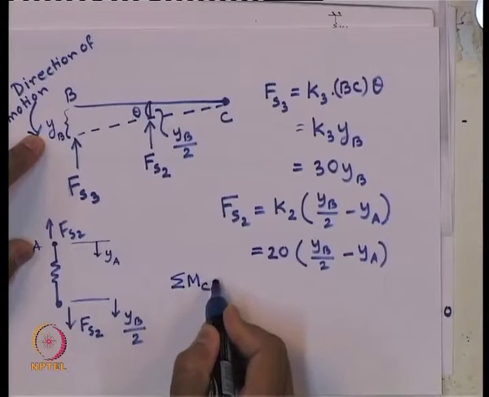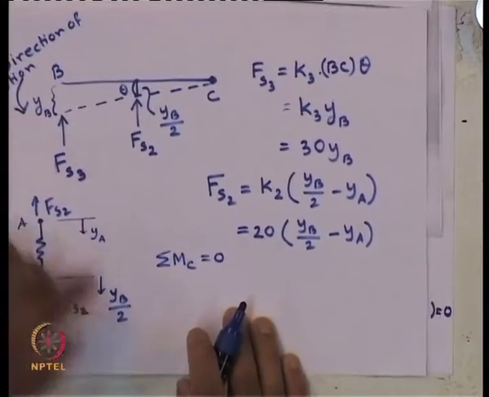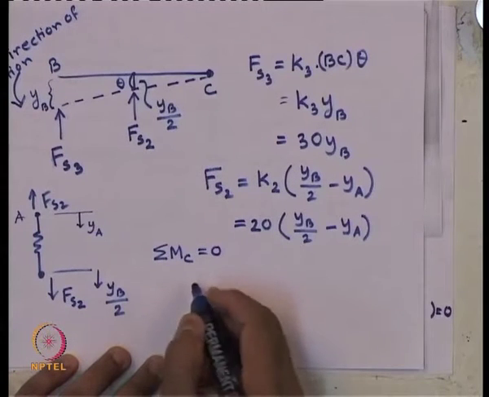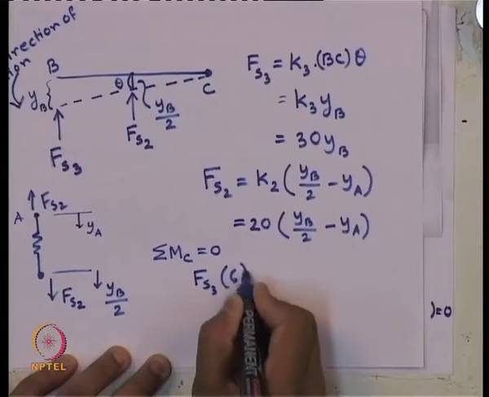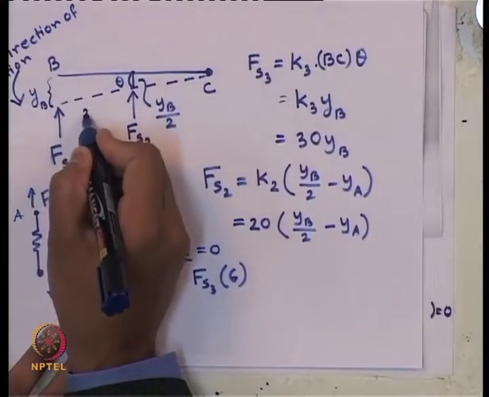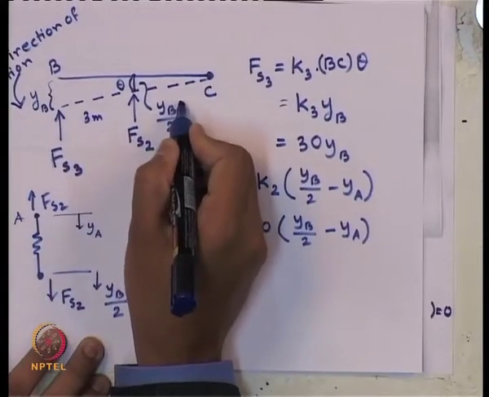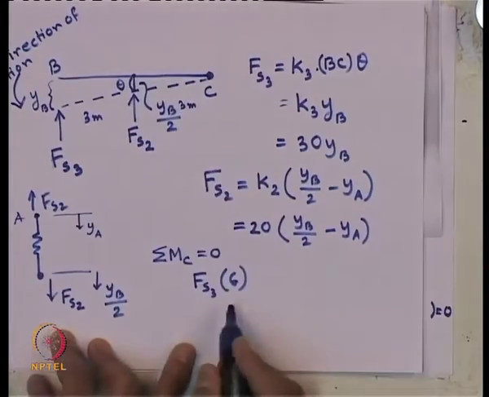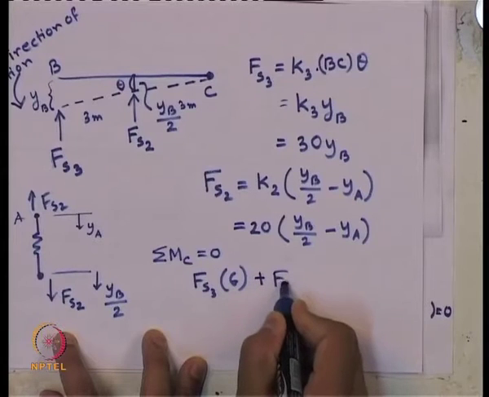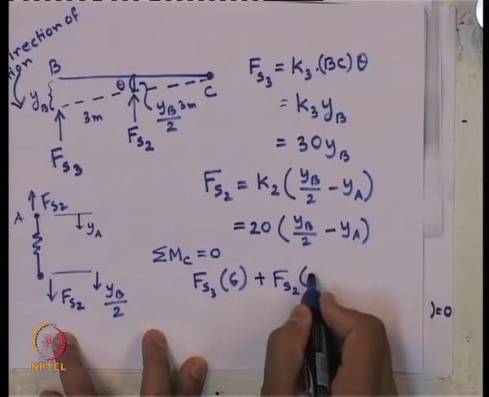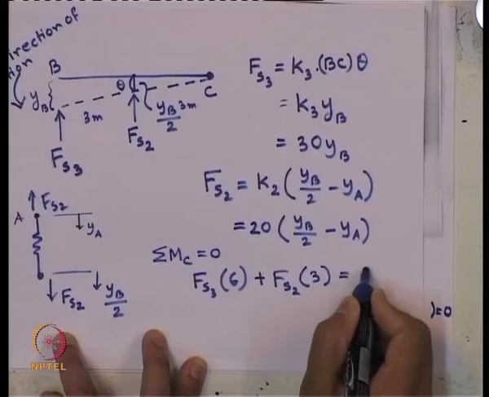Sum of M C equals 0, which means F s 3 times 6, because this is 3 meter, this is also 3 meter. So, F s 3 times 6 clockwise plus F s 2 times 3 equals 0.